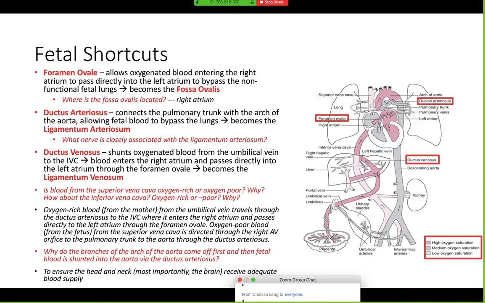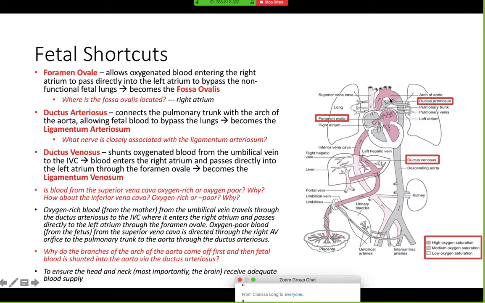Okay, and then we have oxygen poor blood, and it's oxygen poor because it's associated with the fetus, and it's coming from the superior vena cava, and it's directed through the right atrioventricular orifice, and then from the right ventricle through the pulmonary trunk and to the aorta through the ductus arteriosus.